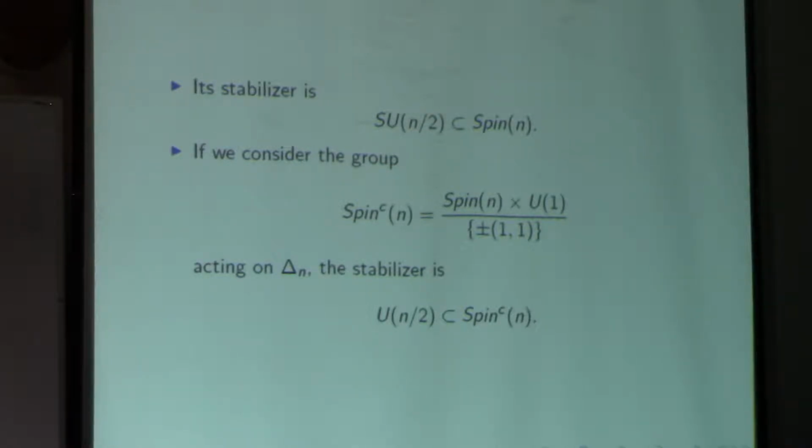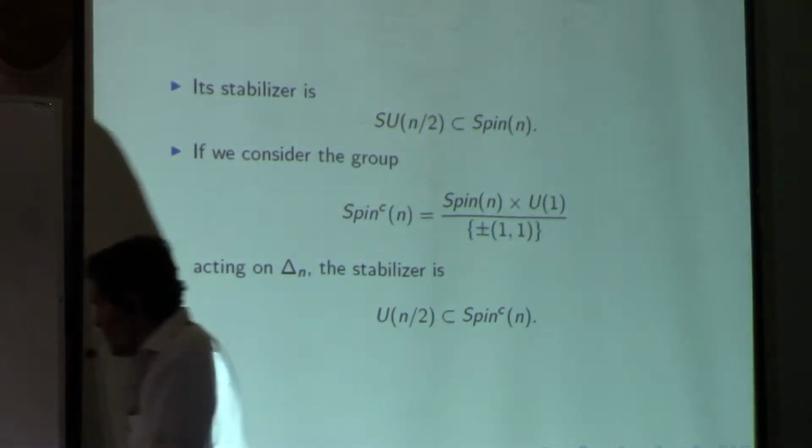So it's not capturing non-zero scalar curvature. So if we use what is called the spin C group, which is twisting it by a U1 and dividing by the center, which is a copy of Z2, with respect to this group, the stabilizer now is the full U(n/2), the full unitary group.